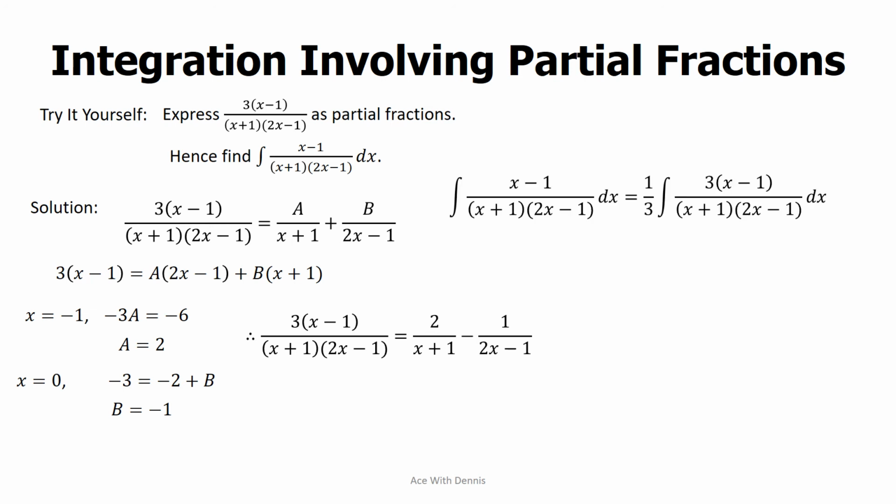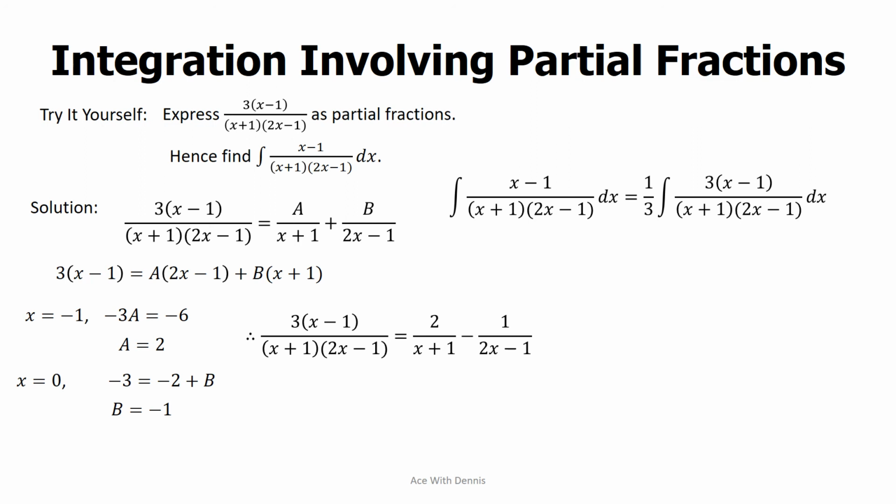Therefore, if you want to integrate (x minus 1) over (x plus 1)(2x minus 1) dx, it equals 1 over 3 integration of 3 times (x minus 1) over (x plus 1)(2x minus 1) dx. Why do we want to do this?